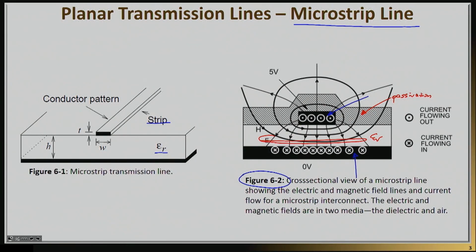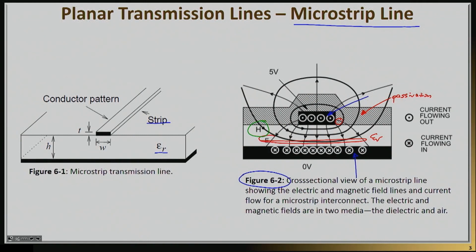And in that case, some of the fields now are basically inside the passivation layer. But one thing that you should remember here is the majority of the field is actually inside the dielectric. And then you have the magnetic field as well, which is shown right here, which is basically all over the place. And that's essentially the main configuration that you should remember in terms of E and H for this microstrip line.